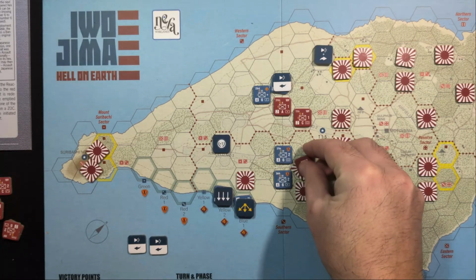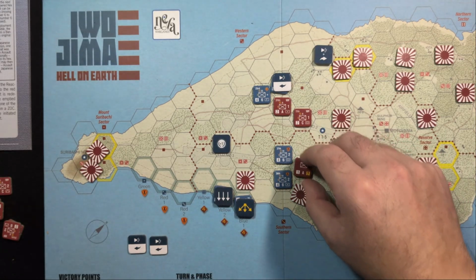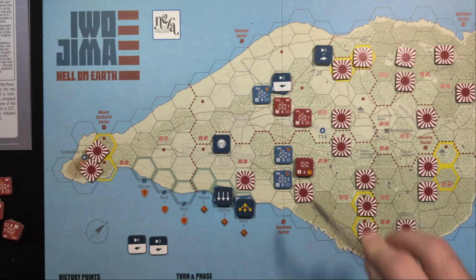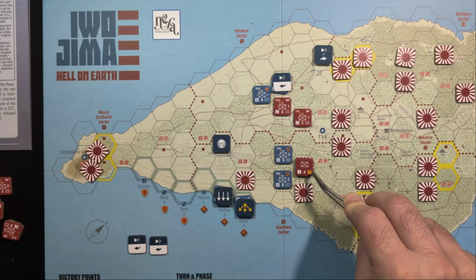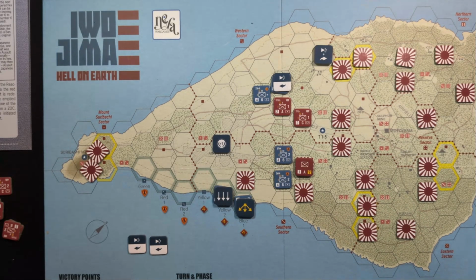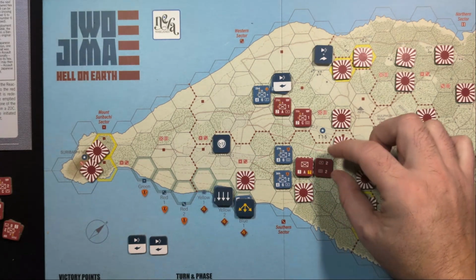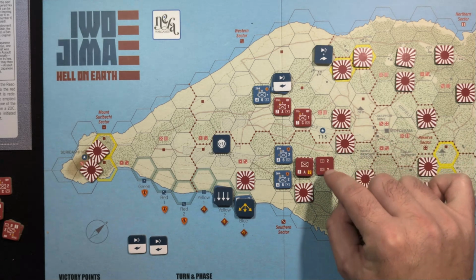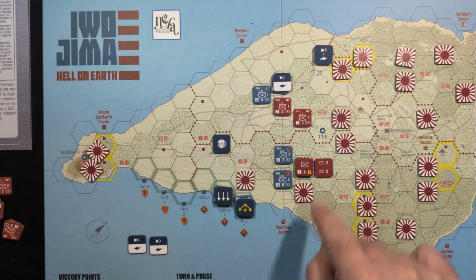Temporarily, at this time, you don't know what's really behind, but at the moment you're attacking this unit with these values. It's a 1 combat factor, defense type A, and you see a question mark here because we don't know yet the combat support. So you need to draw an additional counter, this time using the combat support side of the intelligence counter, and it's indicating that it has 2 artillery and 2 tanks.